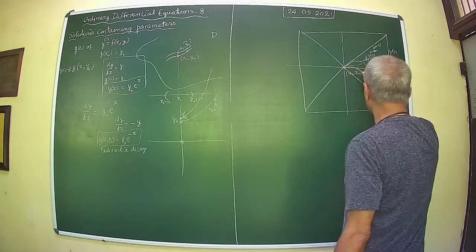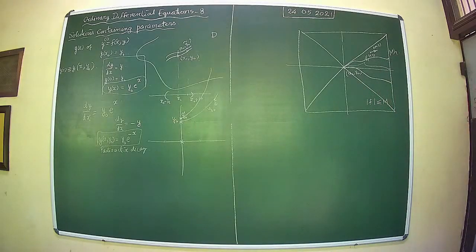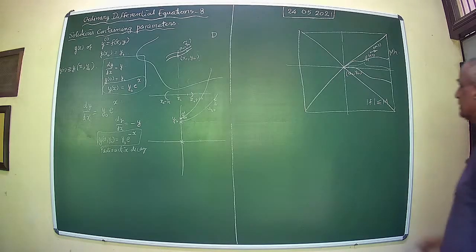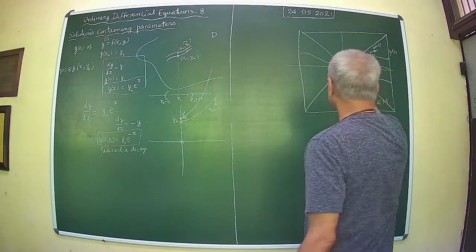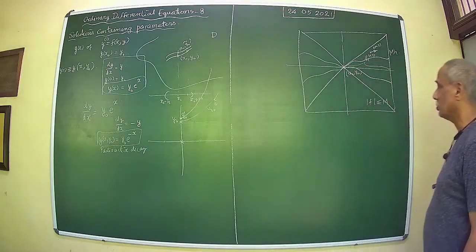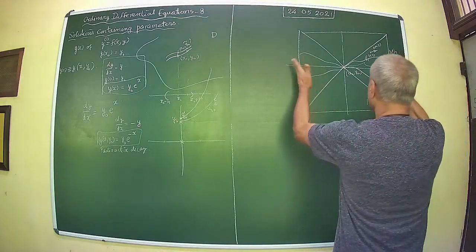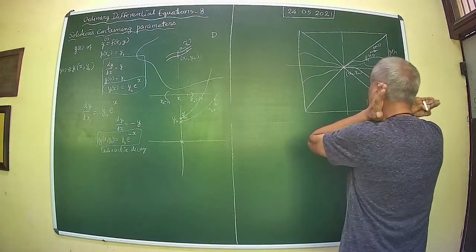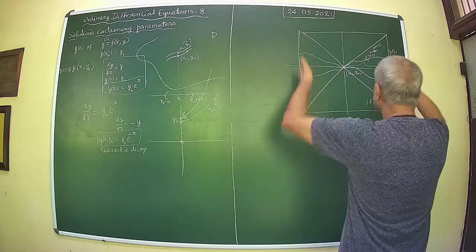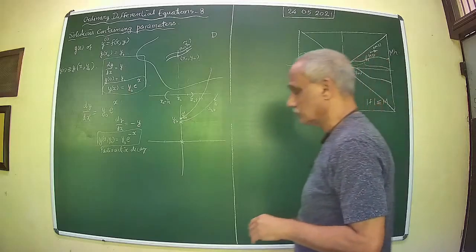It can also be staying like this, depending on the particular solution, depending on what is the direction field that you have. It's the same case over here. That's how we have chosen the H, so that the graph or the integral curve of the initial value problem will be completely lying within this particular cone region.